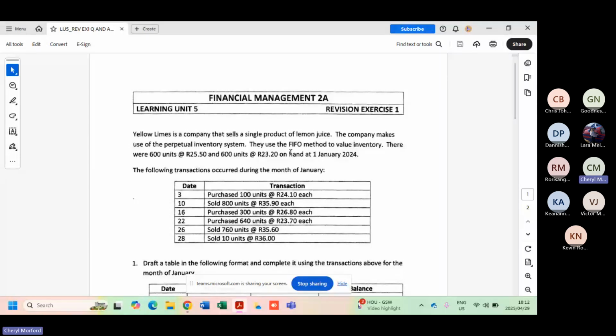Right, so this evening, we're looking at revision exercise 1 from Learning Unit 5, and this relates to inventory. So I just want to point out here, we must distinguish always between systems for recording inventory as well as methods for valuing the inventory.